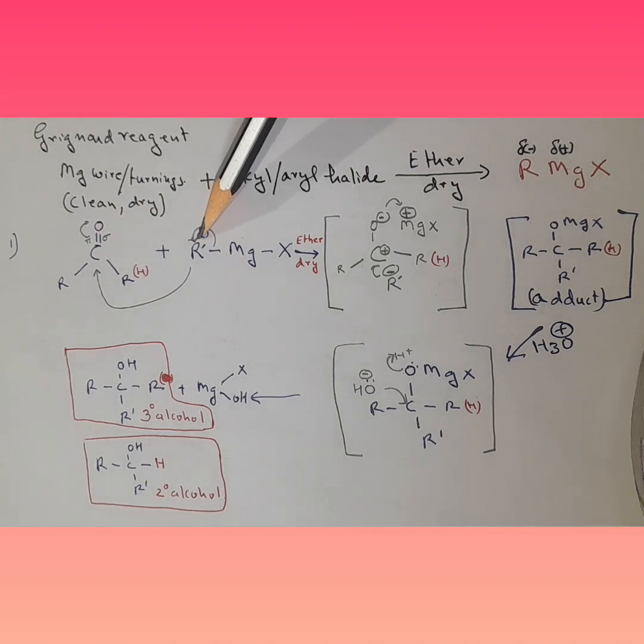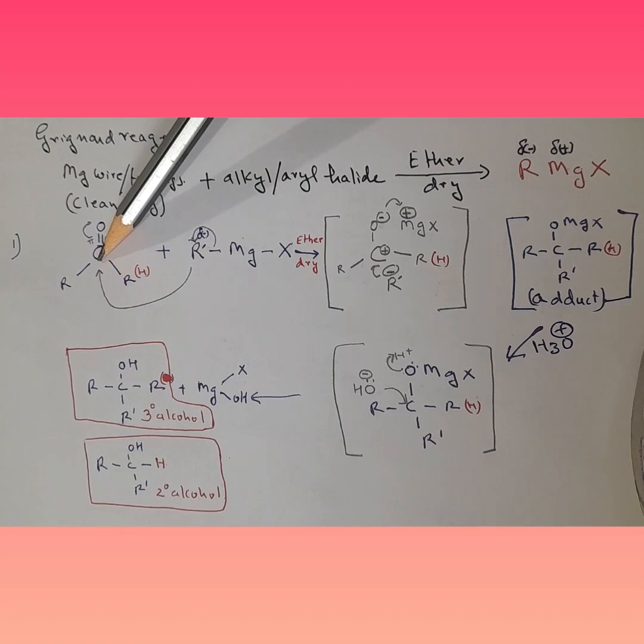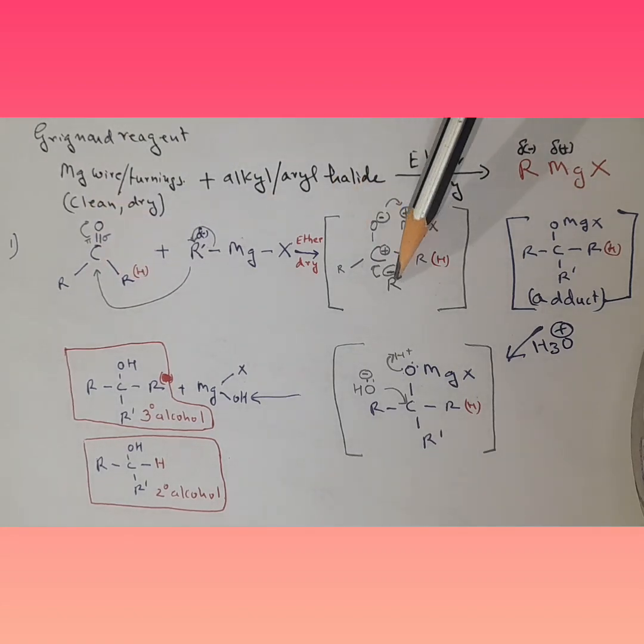So this is the best condition for nucleophilic attack. This is already delta negative, so it does a nucleophilic attack on this carbon of the carbonyl. The pi bond moves up, so this becomes negative.